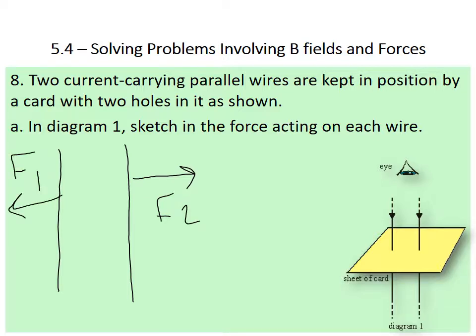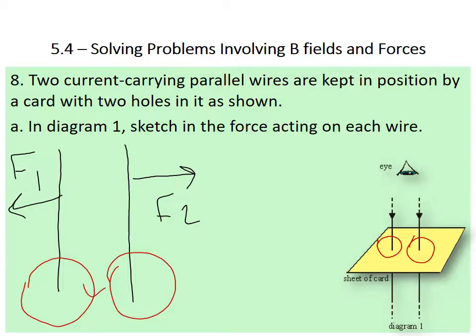There is a force of repulsion if the orientation of the B field between these two are in the same direction. So imagine that these 2 circles I've drawn are actually like flat down, like here along the card. And if the 2 B fields in between happen to point in the same direction, there is repulsion.